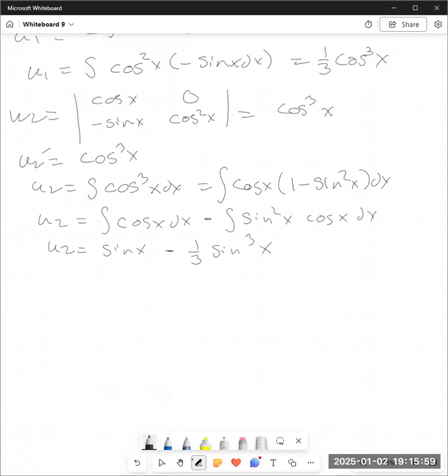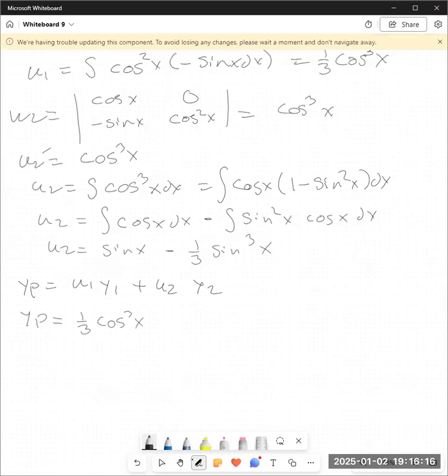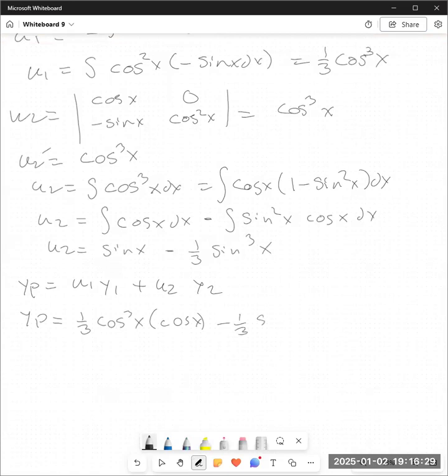And then we want YP is U1 Y1 plus U2 Y2. So YP is going to be U1, which is 1/3 cosine cubed x, times cosine x, plus a negative 1/3 sine cubed x times sine x.